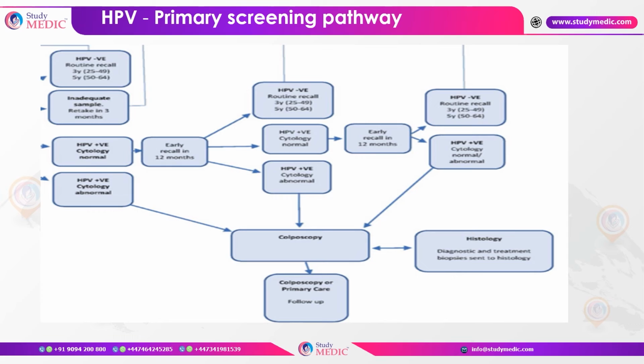Okay, remember, anytime HPV positive, cytology is also abnormal, she directly goes in for a colposcopy. Now at the early recall in 3 months, again if HPV is negative, she goes for a routine recall. But at the early recall at 12 months, if again HPV is positive, cytology may be normal or abnormal, she goes in for a colposcopy. So this is in short about the HPV screening pathway in UK.